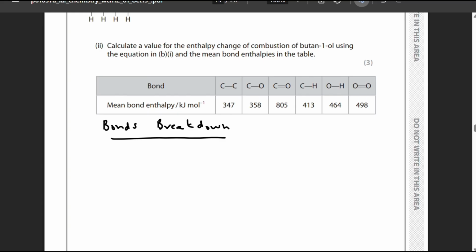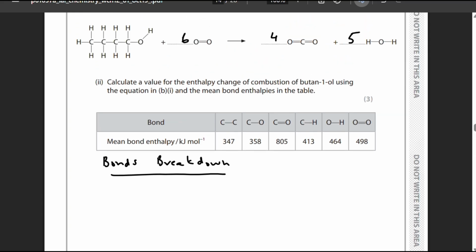Now look at the equation. Here in the reactants there are, in butane 1-ol, there are bonds of carbon and hydrogen.